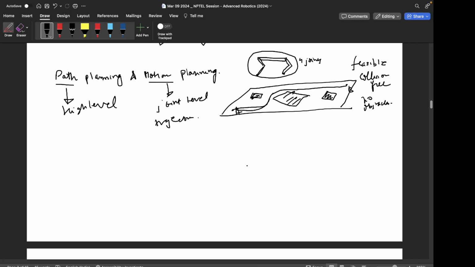Path planning problems generally work on algorithms which find obstacle free paths in a map, right? You won't consider much about the dynamics of the robot. So you will work on algorithms like A star, RRT, if you have heard of these algorithms. That will be in path planning problems.